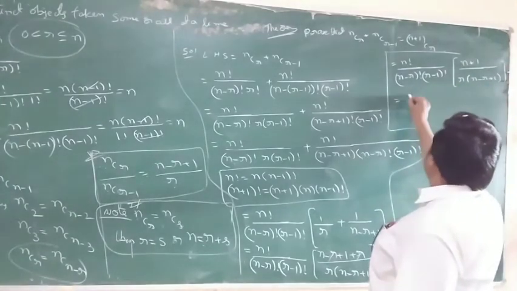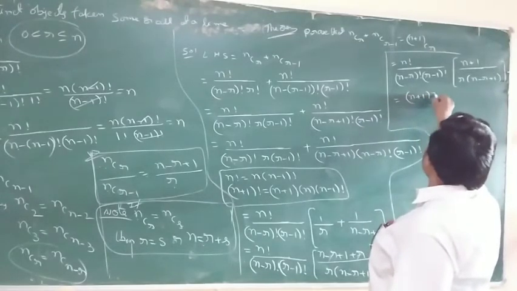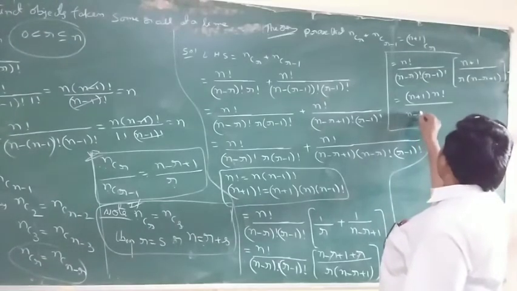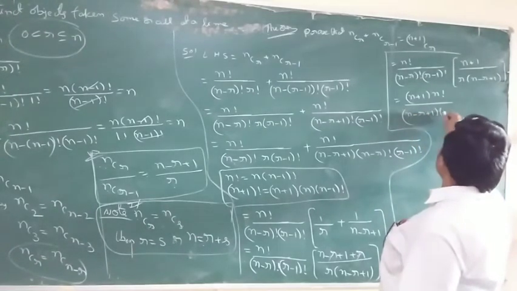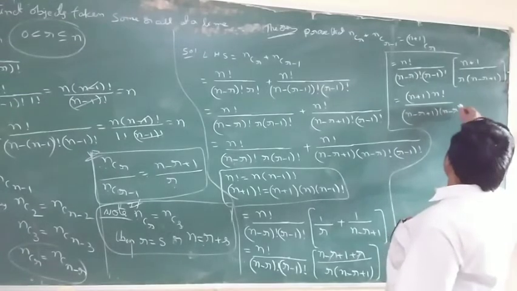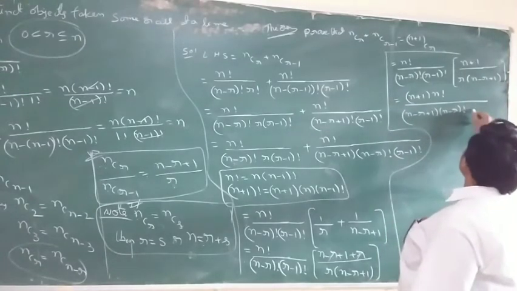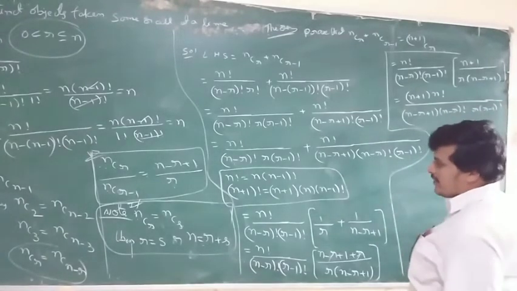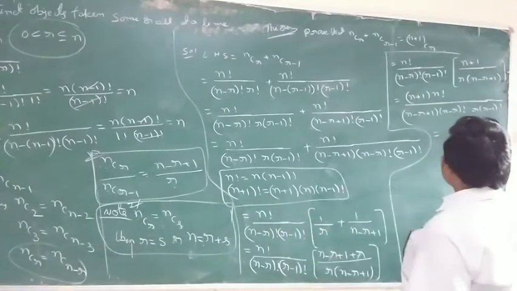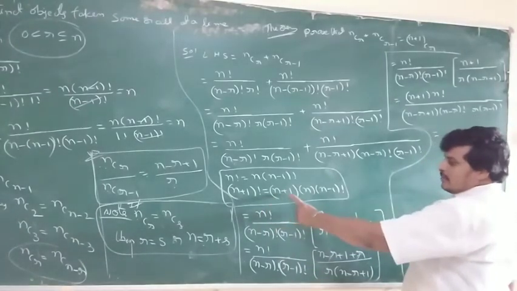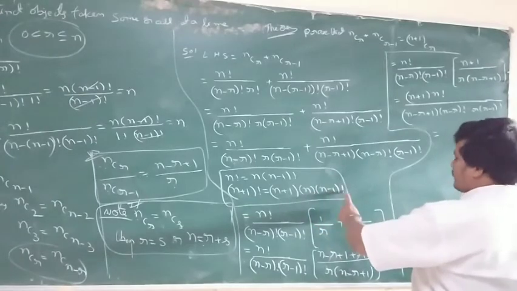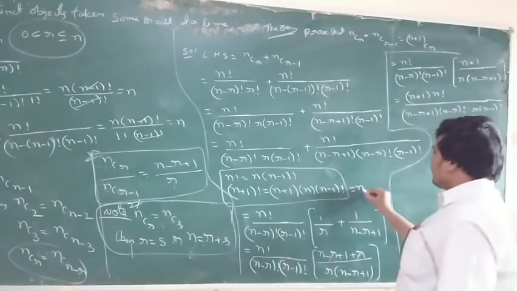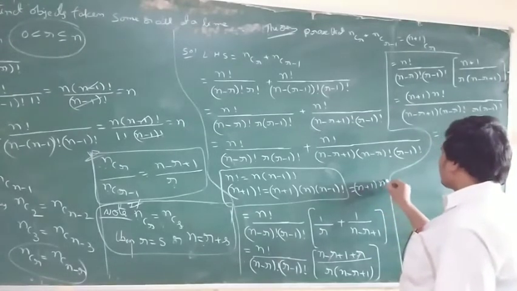So that is equal to (n plus 1) into n factorial by (n minus r plus 1) into (n minus r) factorial, into r into (r minus 1) factorial. Clearly here (n plus 1) factorial is equal to (n plus 1) into n factorial.